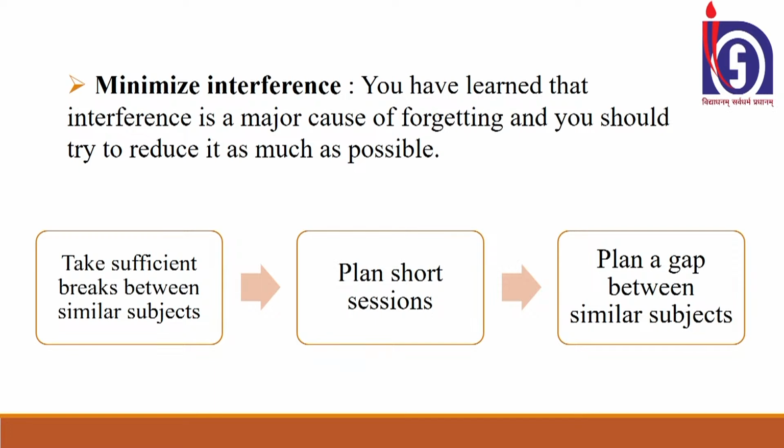Try to study subjects which are different from each other, or take a nap. If a nap is not possible, then plan short sessions and give sufficient breaks between them if you are studying two similar subjects, so that the material is stored at different points in time and the chances of it interfering with one another are less.